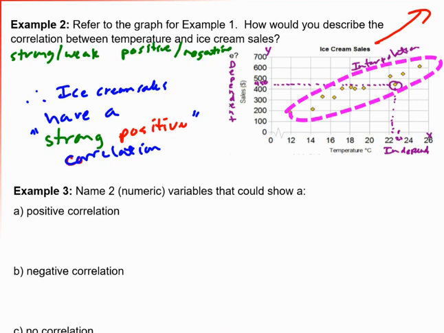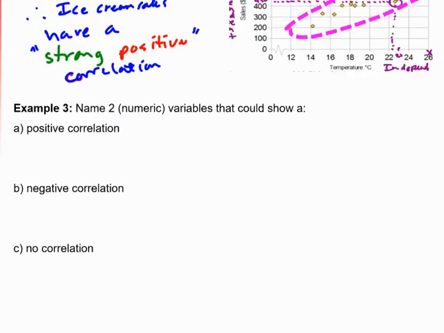I wrote more than you had to, but you're going to say it's a weak negative or a weak positive or a strong positive or a strong negative. All right. Okay, in example 3, we have to come up with some of our own scenarios. So let's say, what would be a positive correlation?